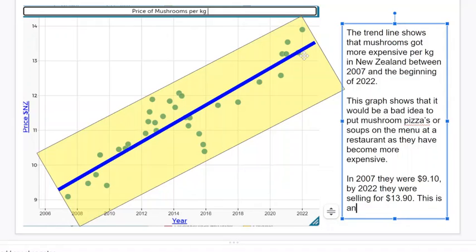This is an increase of $13.90 minus $9.10.